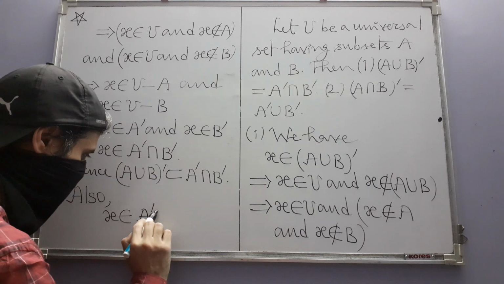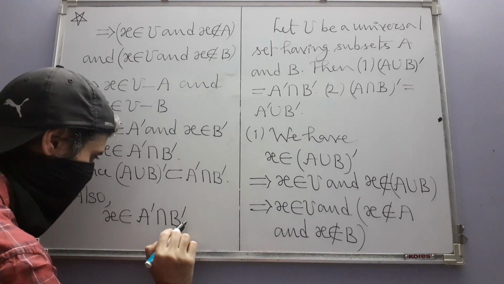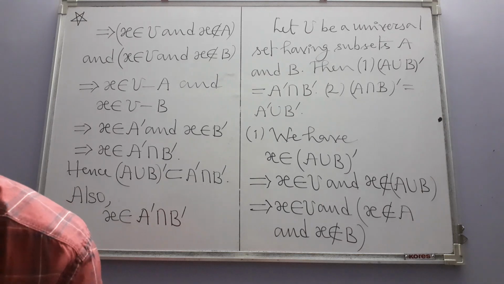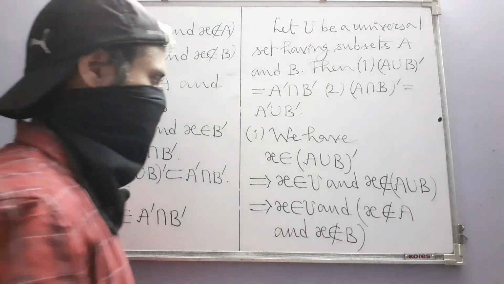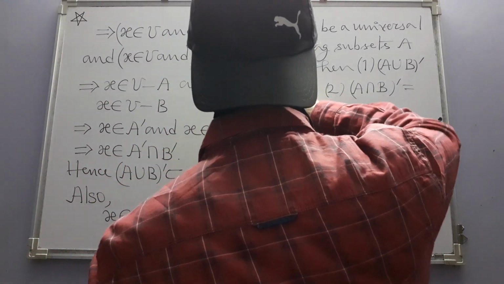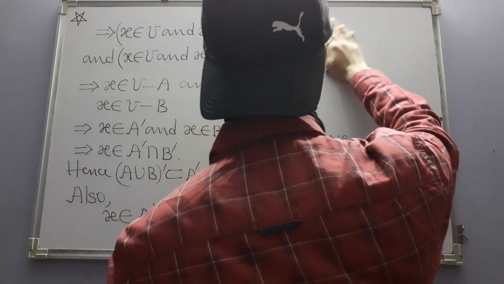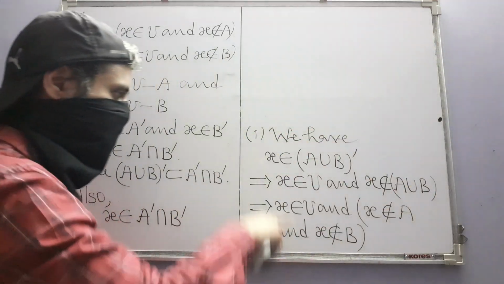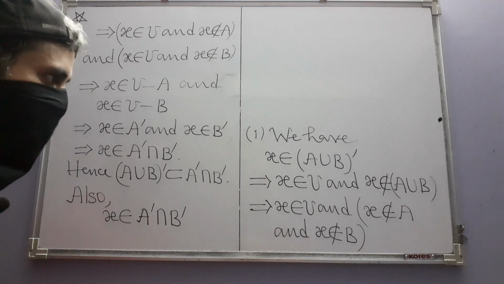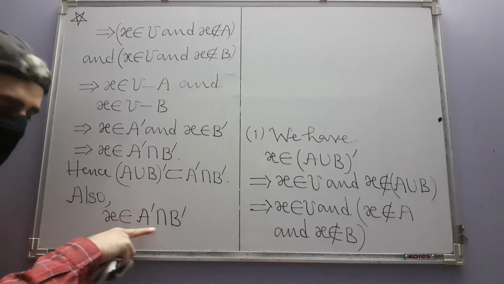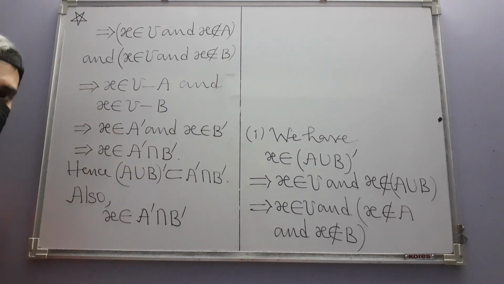So this time, let X be any element in this. You can understand that roughly we have to run this argument backwards, as if we have started here. In fact, we have started here and we have to go back. Let's see how far we can go back.